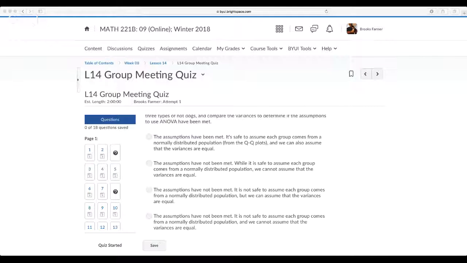Variable 2. Do they really have the same variances?